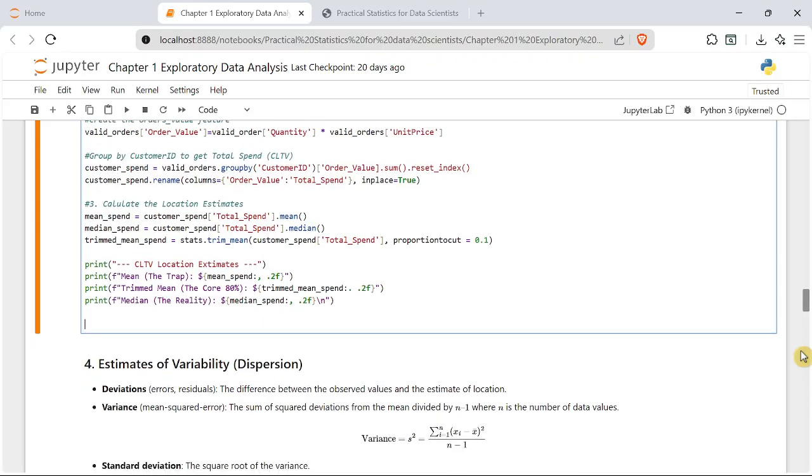Now finally the executive visualization.